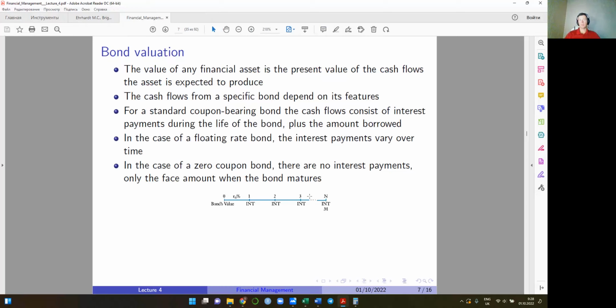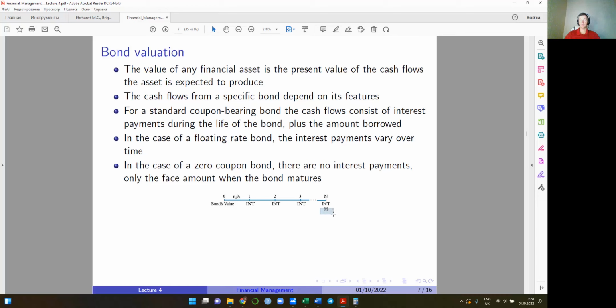We have a timeline 0, 1, 2, 3 up to capital N, which is the date of maturity here. And we have interest payments here, here, here, up to the end.